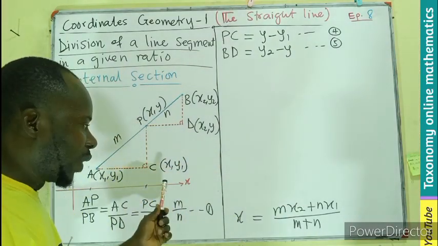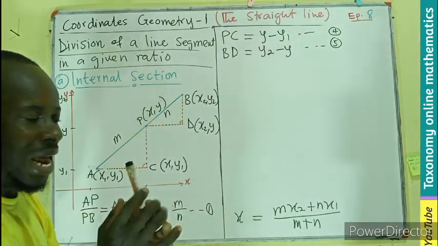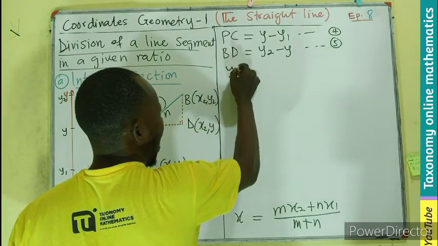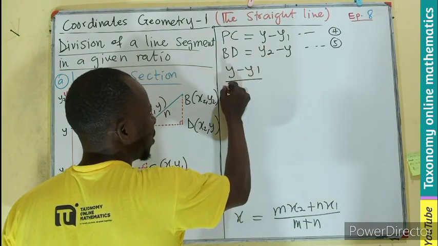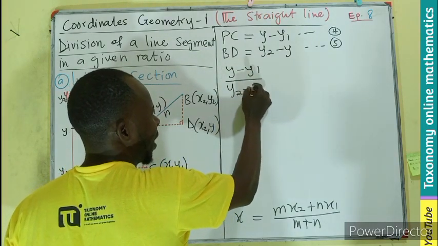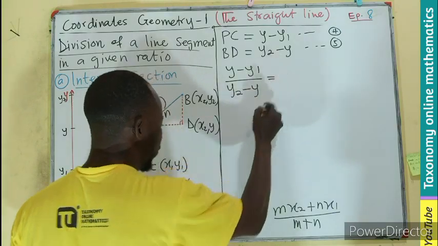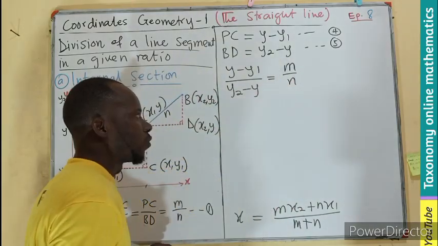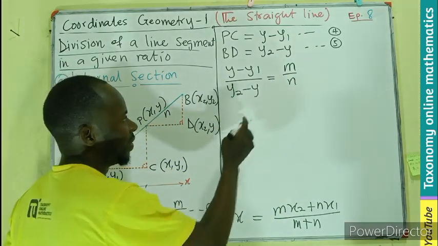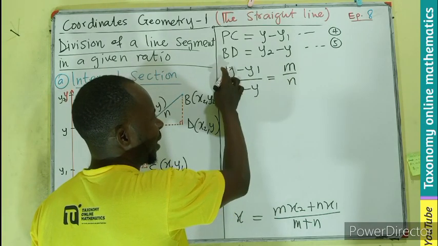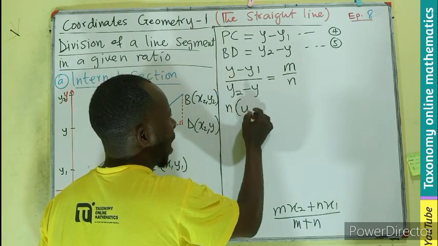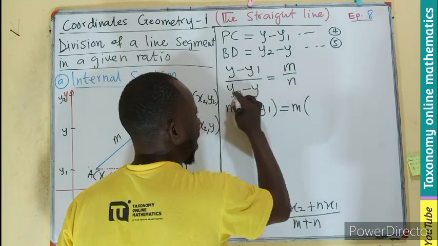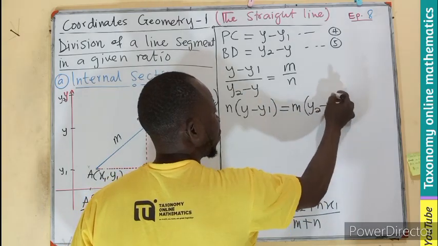Putting equations 1, 4 and 5 together, we can pick this side, PC as y minus y1, BD as y2 minus y, equals m divided by n. We can also cross multiply and see that this multiplying this gives us n(y minus y1) equals m multiplying (y2 minus y).